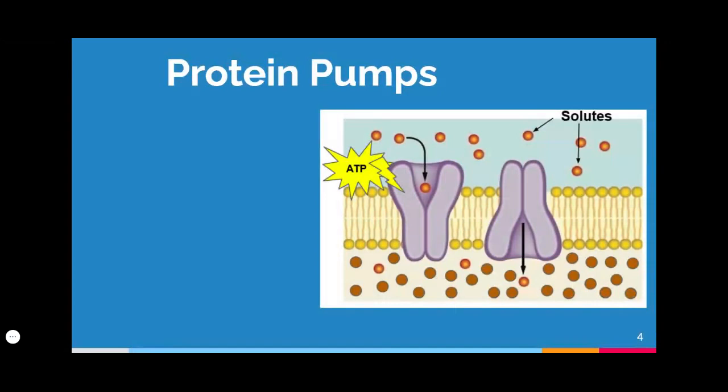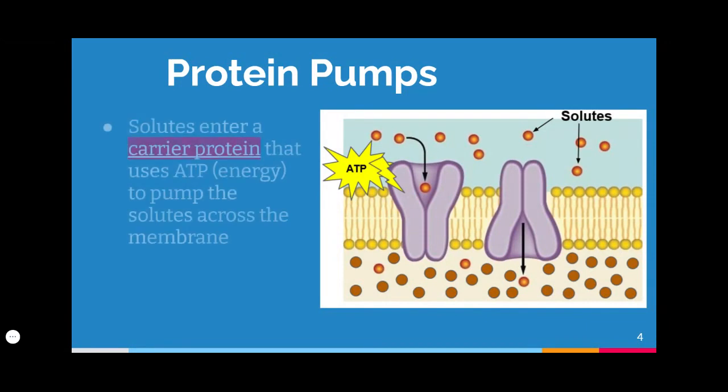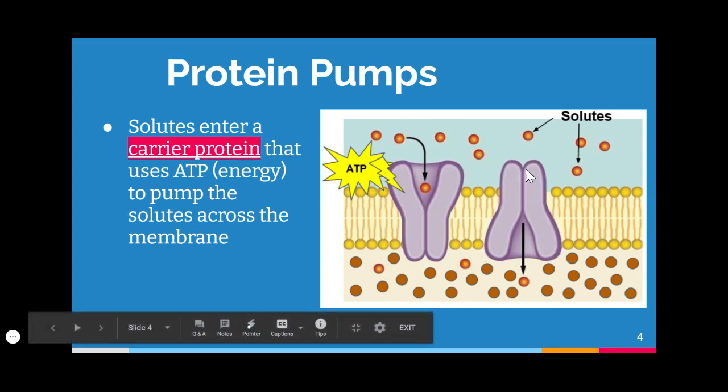Can you see this picture on the top of page 12? Hit pause while you take notes on this. Solutes enter a carrier protein that uses ATP or energy to pump those solutes across the membrane. Notice you've got very few solutes on this side of the membrane and many solutes on the other side of the membrane.